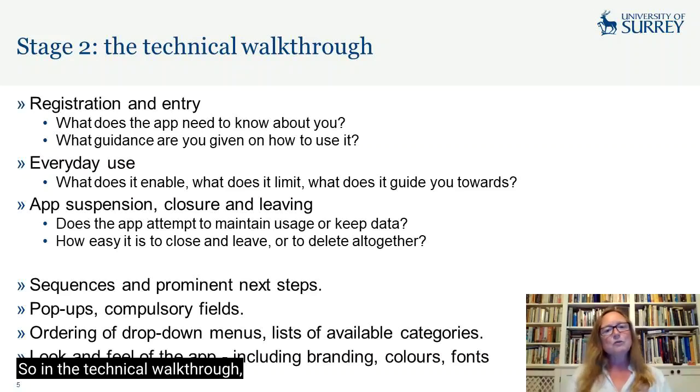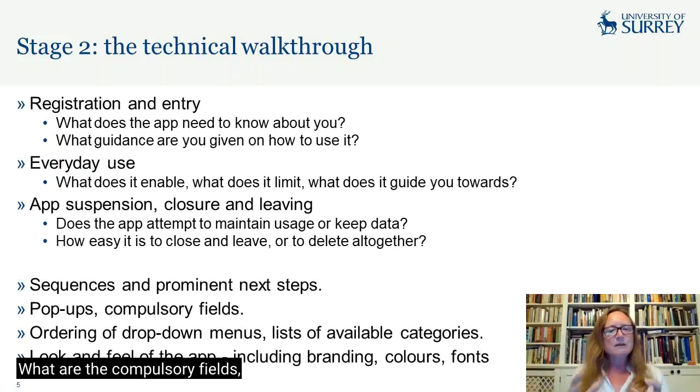So in the technical walkthrough, we go through the whole span of the relationship that an everyday user might have with the app, asking how it builds a preferred way of going about that everyday experience that it's helping us to perform. So the kind of things that we might be looking at are sequences. What's the prominent next step? What is it most easy to do next, and therefore how are we being steered?